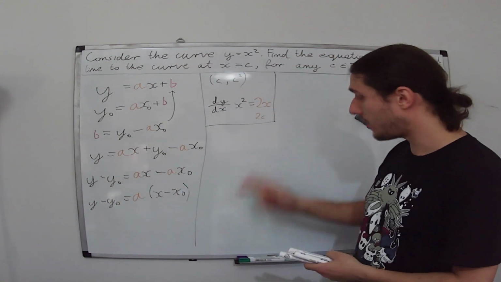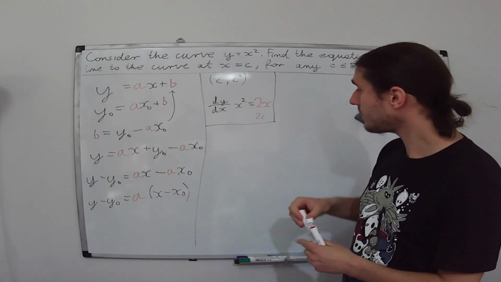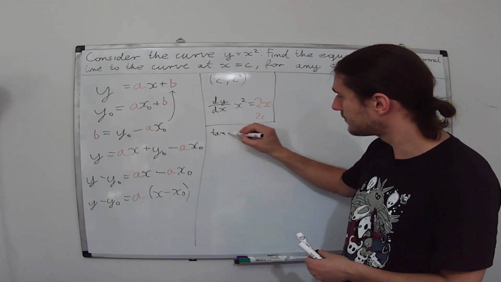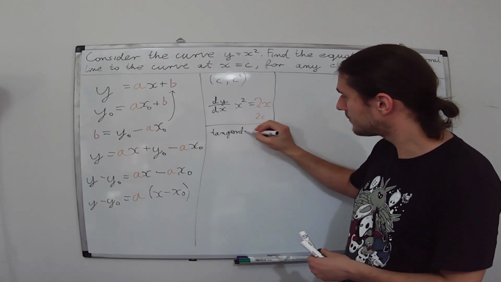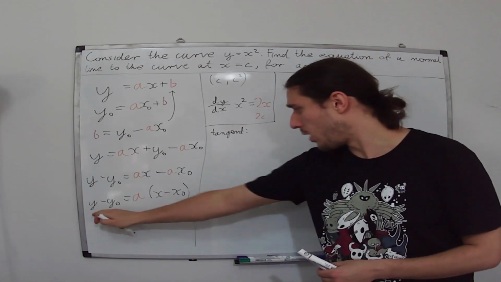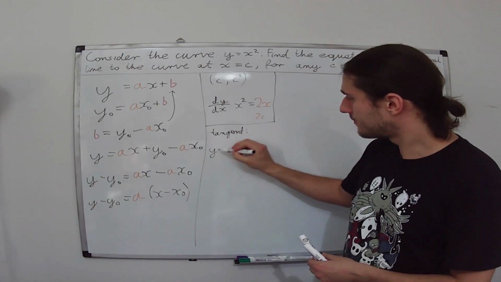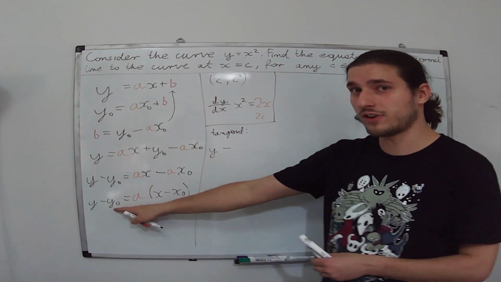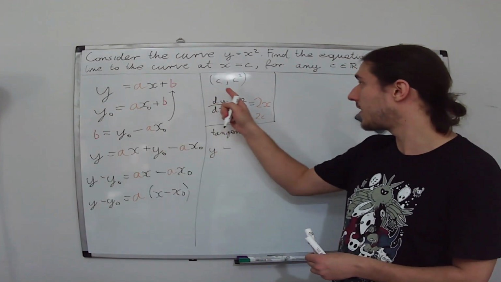So now we know that the equation for a tangent, I'm going to write it down, will be y minus, what is the y value for our scenario? It's c squared.